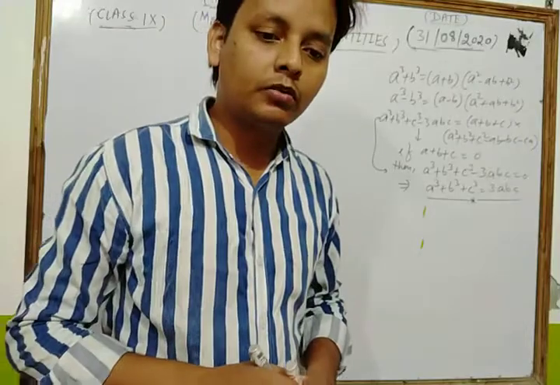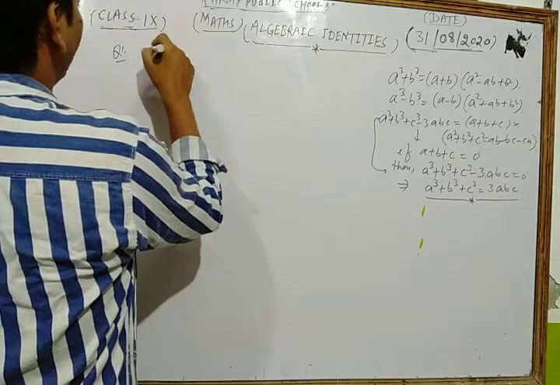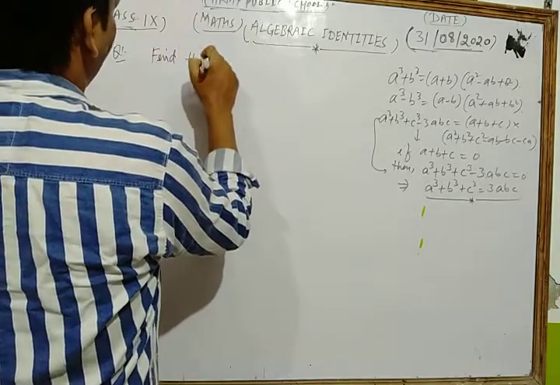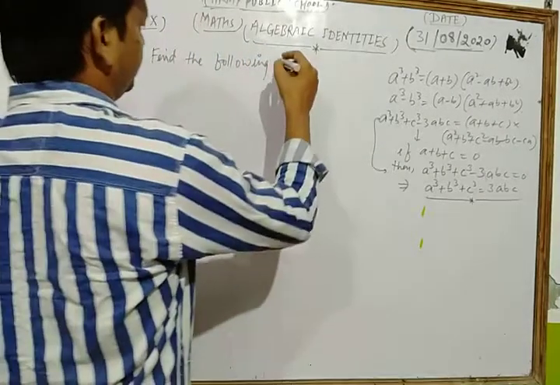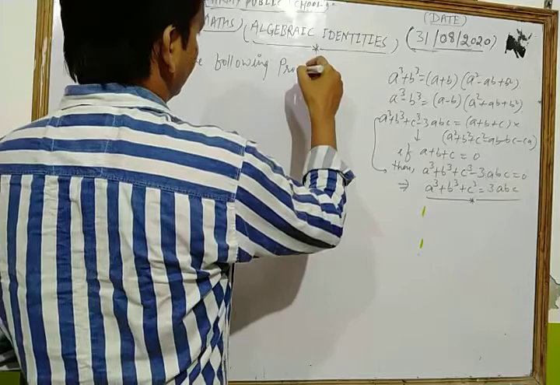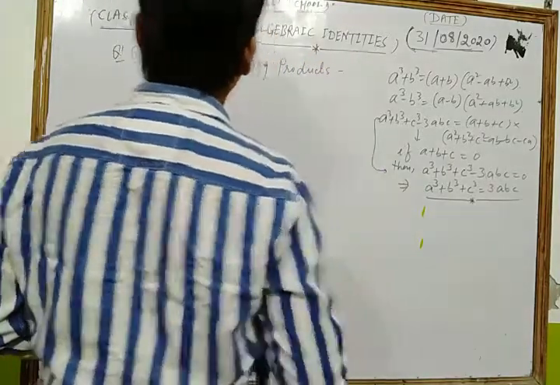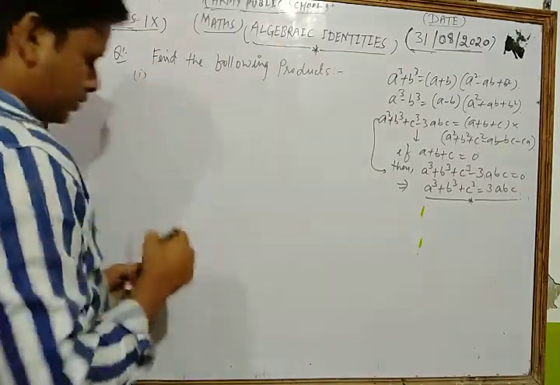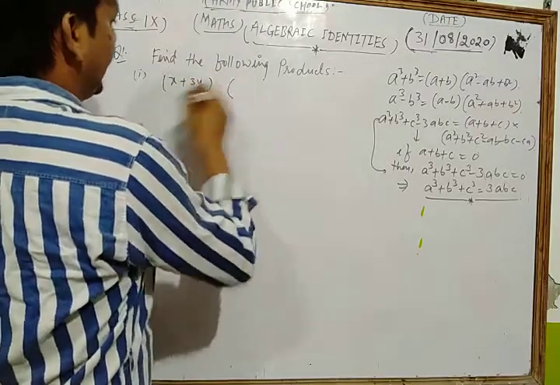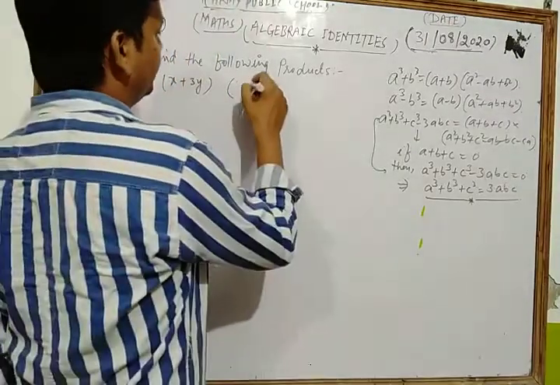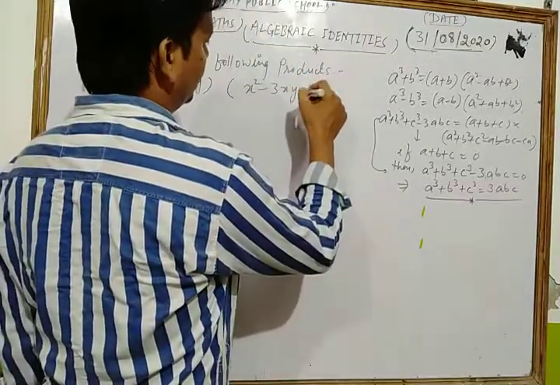The first question is, find the following products. This is a very important question for you. The first part of this question is x plus 3y in one bracket, and in another bracket x square minus 3xy plus 9y square.